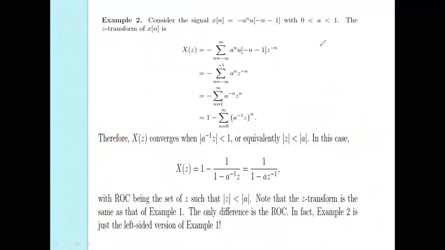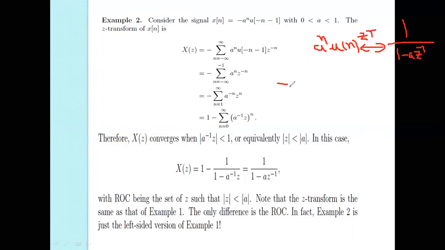Got it, my dear students? The same thing for a^n mu of n: this is a transformation you can apply. It is the same, 1 by 1 minus a z inverse.